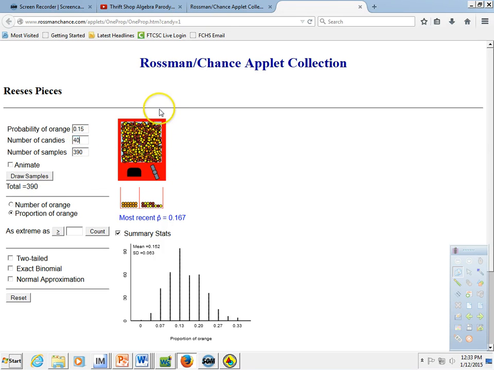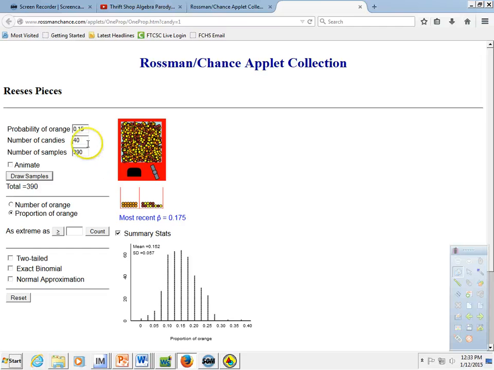We can go 40, closer still. And if we go back to 50, you noticed that tail before, it's still not quite normal. There's a little bit of a tail there.